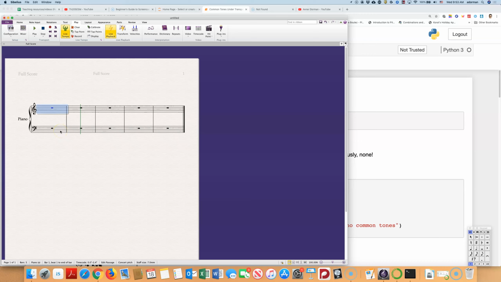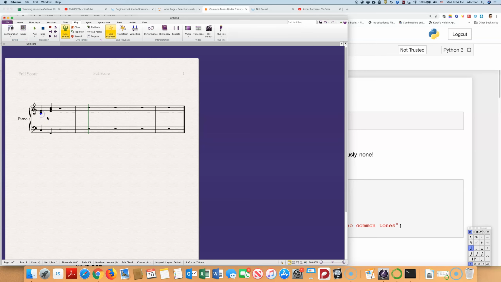So let's say I have a C major triad and an F major triad. So this might have been theory 1 or theory 2. And we want to connect those two chords. Traditionally, what's considered the best voice leading here?